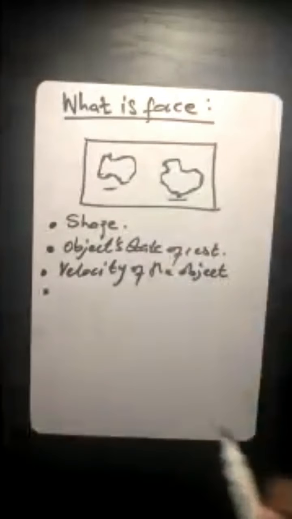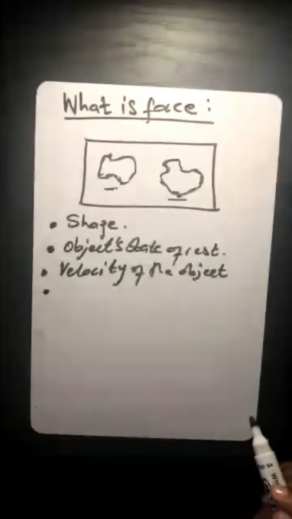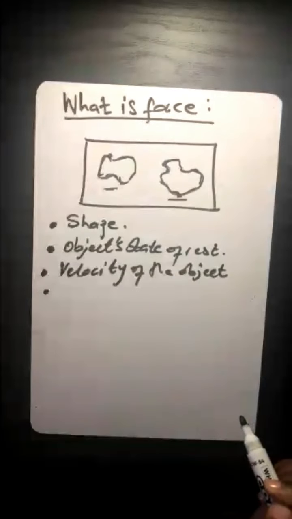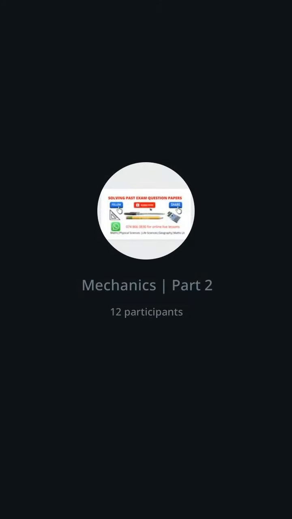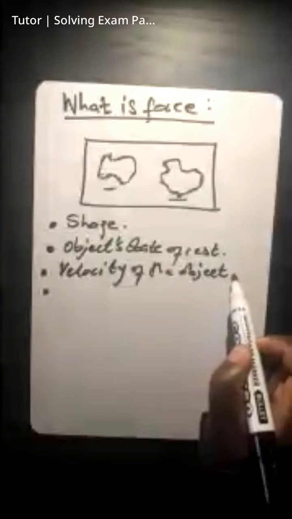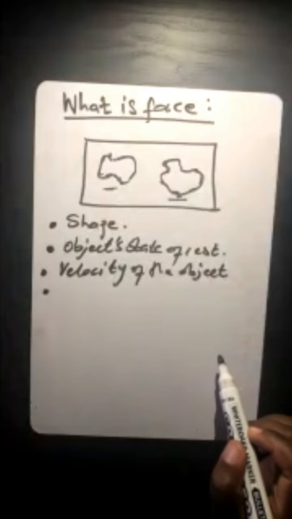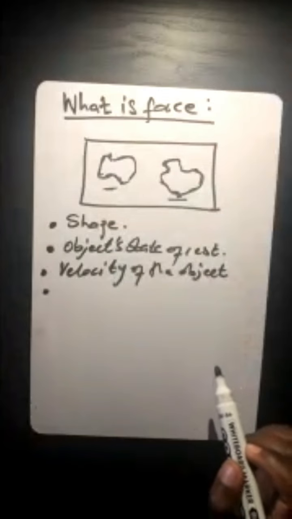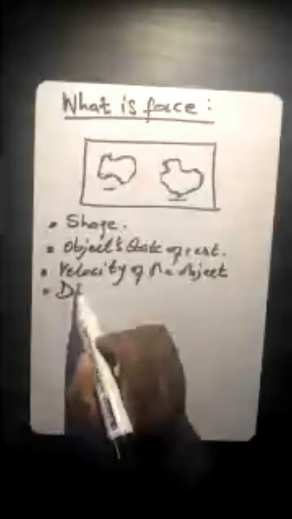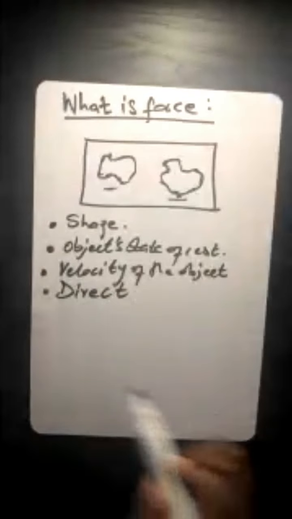And the other one, guys, most importantly, the direction in which the object moves. So that means if the force can cause change to the velocity of the object, then the moment it starts moving, it's going to move in a certain direction. So let's also add to say direction.